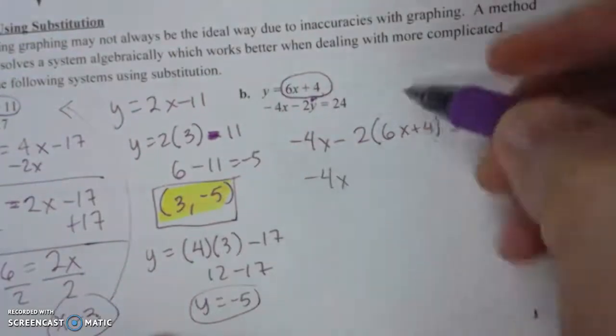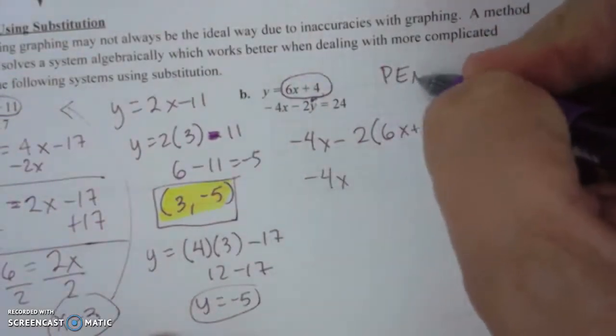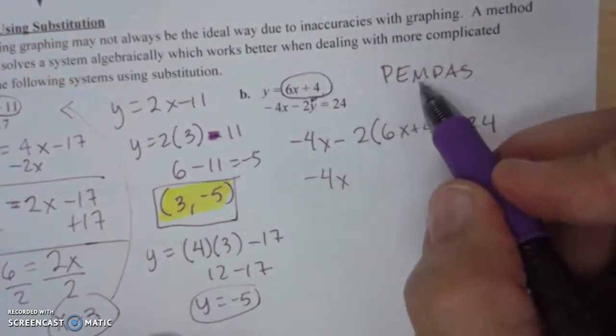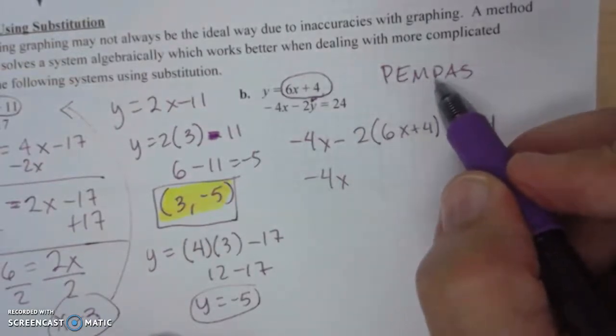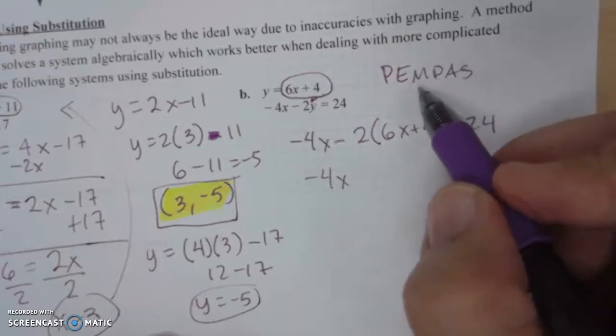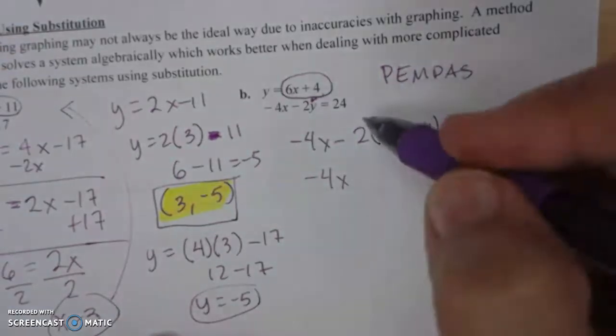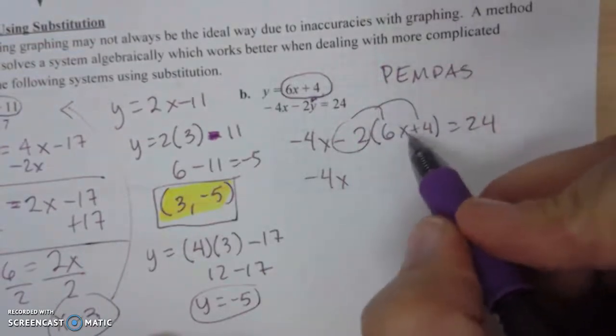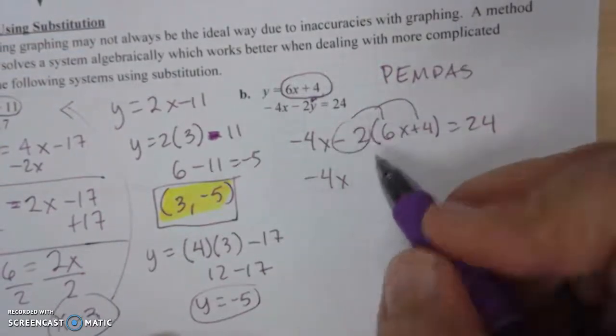Negative 4x, I have to follow the order of operations, PEMDAS: parentheses, exponents, multiplication and division, addition and subtraction. And we have to go ahead and do anything in the parentheses first, which now means multiplying this negative 2.